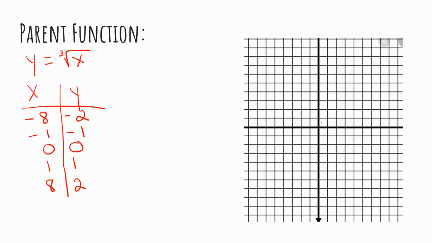Alrighty, so let's plot some of these points. I might be going off my graph here a little bit, but that's okay. -2, -1, -1, 0, 0, 1, 1, and then we go across 8 and 2. So your cube root function looks really similar to your cubic function.